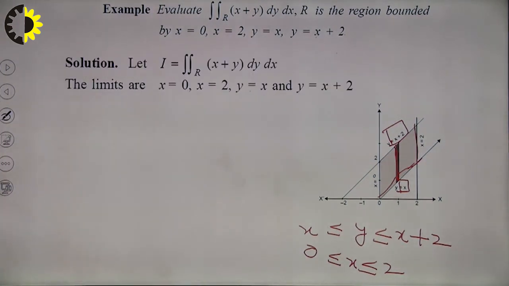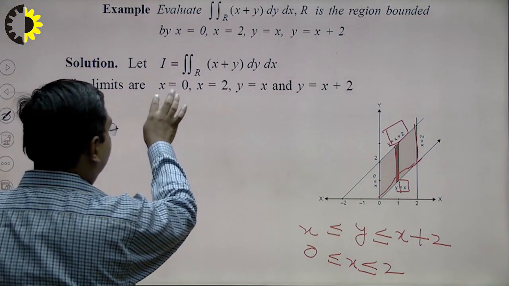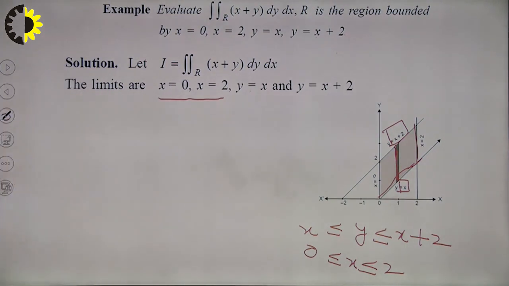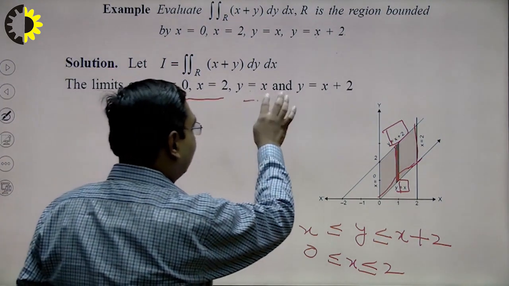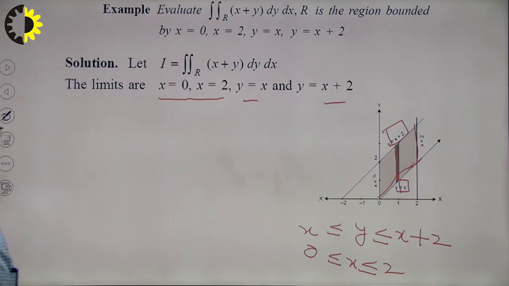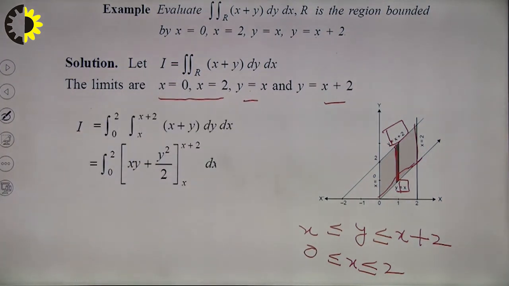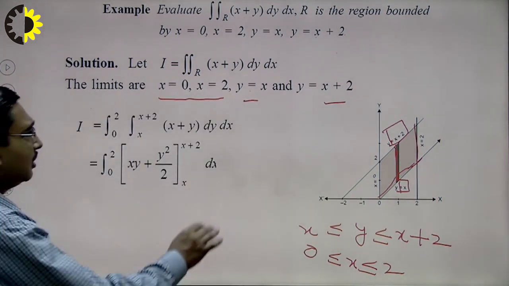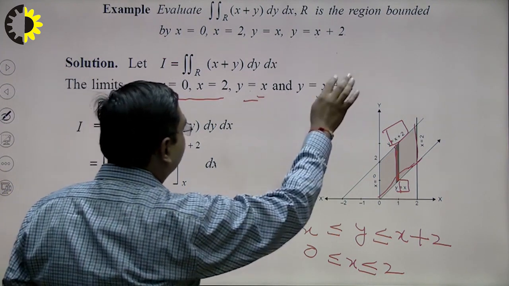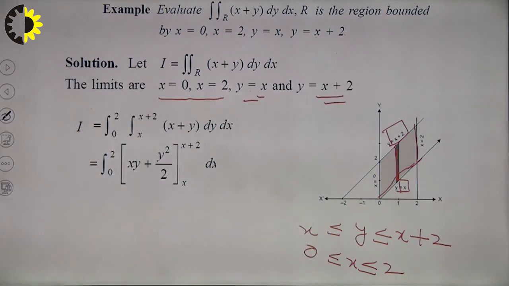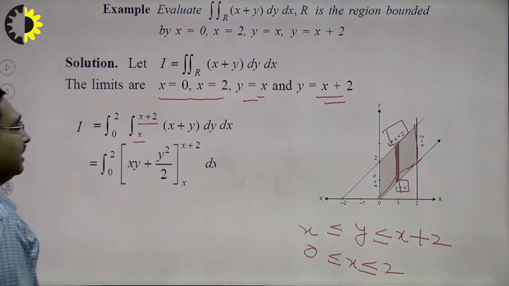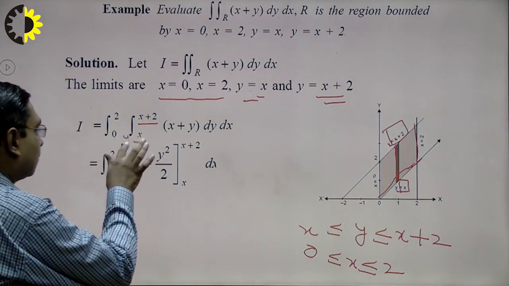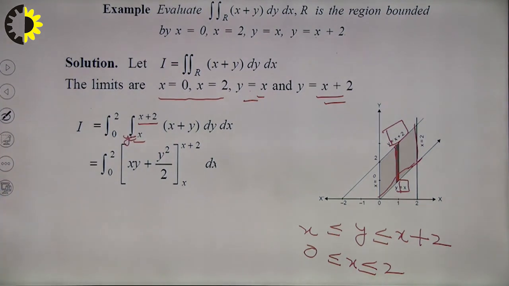Thus, limits of x are from 0 to 2 and limits of y are from x to x plus 2. Applying these limits, because limits of y are variable, that is in terms of x, they must be placed inside. These are limits of y.